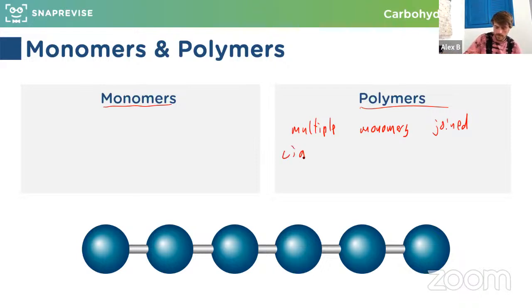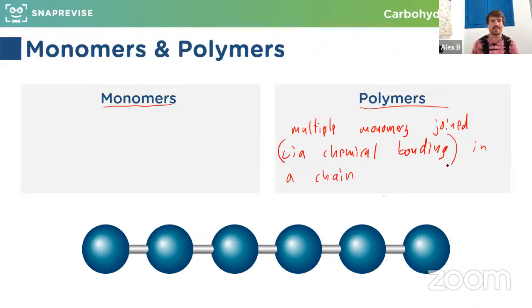Joined by chemical bonding in a chain. That's not a great sentence anymore. This is the optional part, and maybe I wouldn't put that in because now it sounds a bit weird. But they are chemically bonded together.